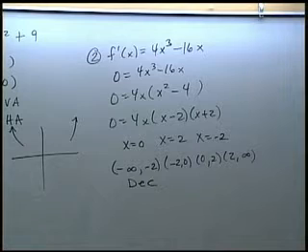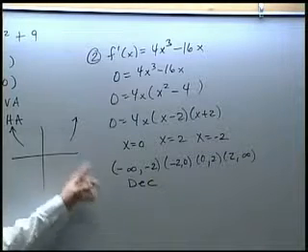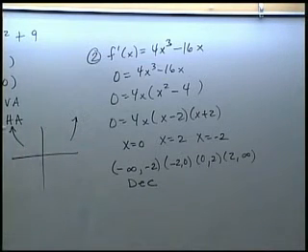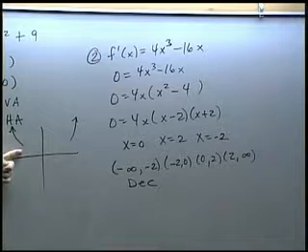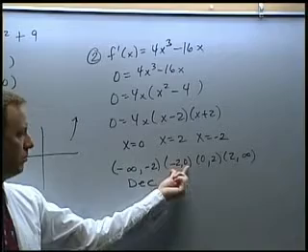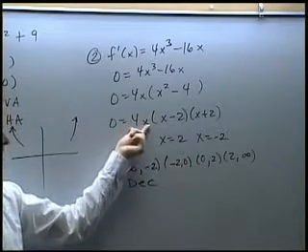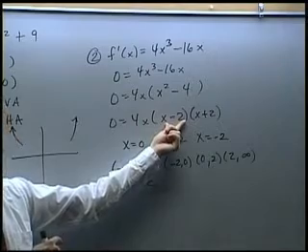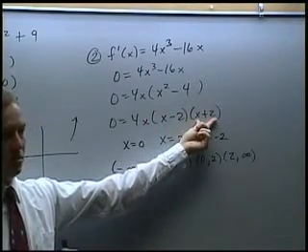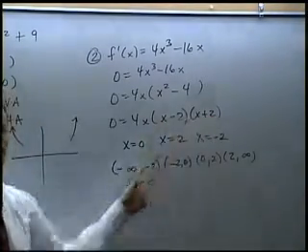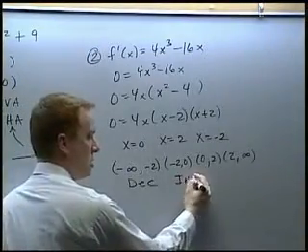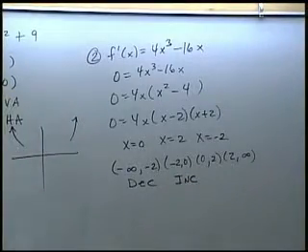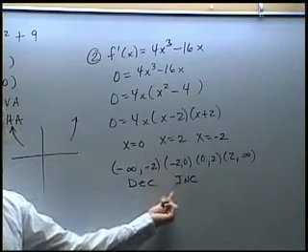That makes sense because if we look back at our end behavior, didn't the graph start up here? It's pretty much got to be decreasing to start with. Then we get to a number like negative 1. This is negative times negative times positive, so this is positive, so we start to increase. Therefore, what has to happen at negative 2?